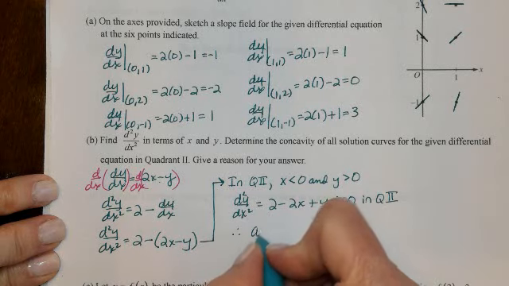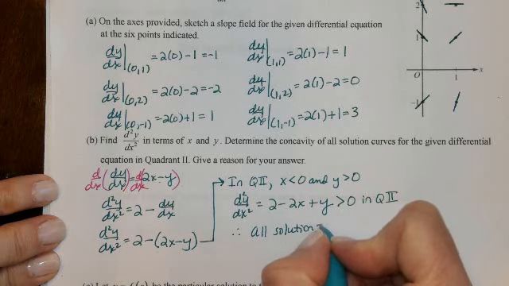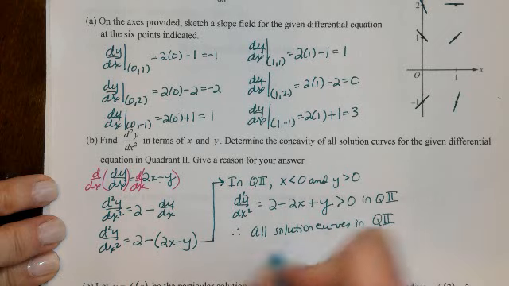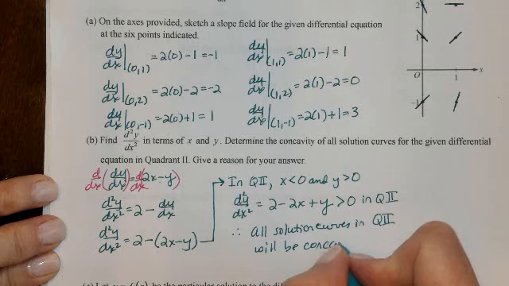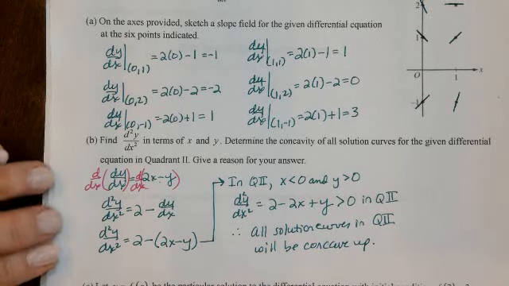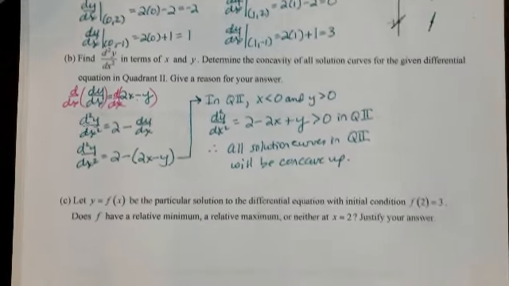Therefore, all solution curves in quadrant 2 will be concave up. Make sense? I think so.